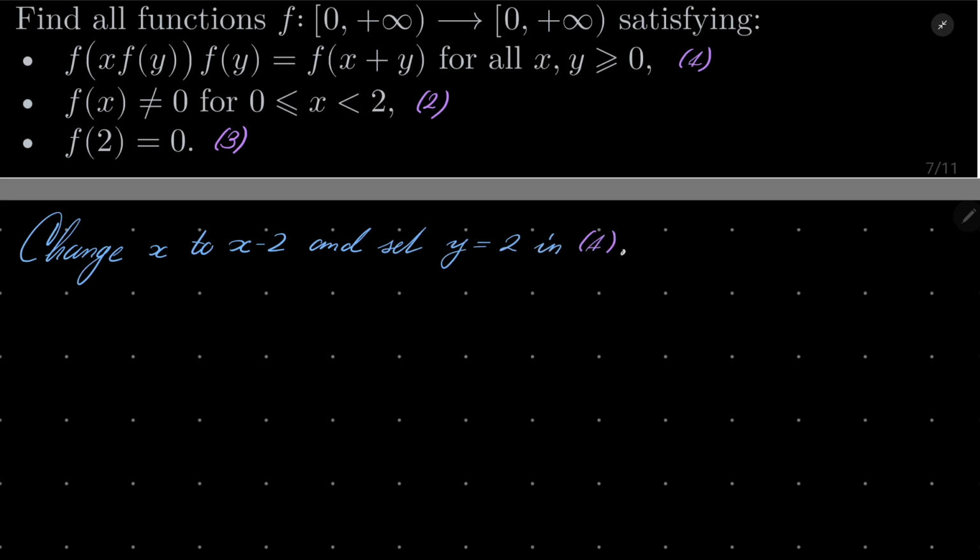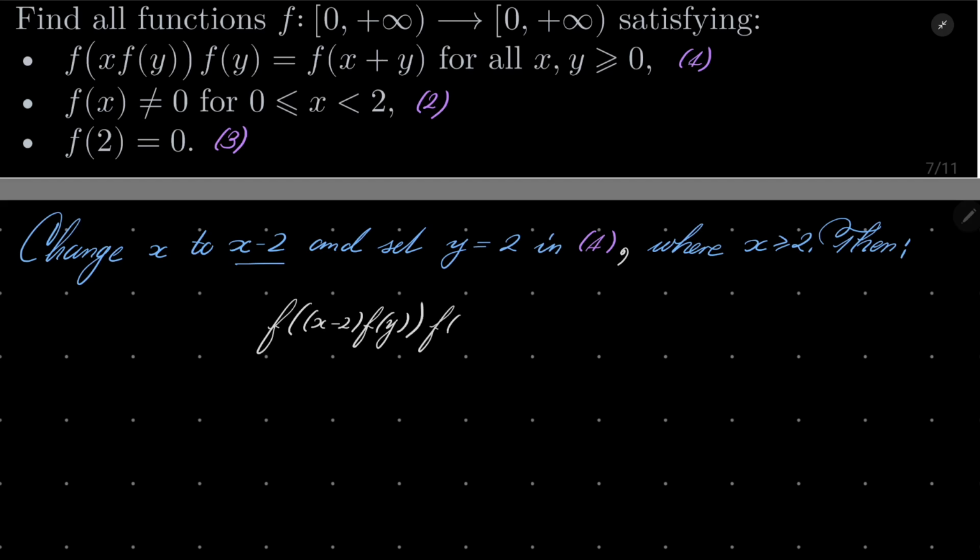in our equation number 1. And also we need to assume that x is greater than or equal to 2. Then our equation becomes f of x minus 2 times f of 2 equals f of x minus 2 plus 2, which is f of x.